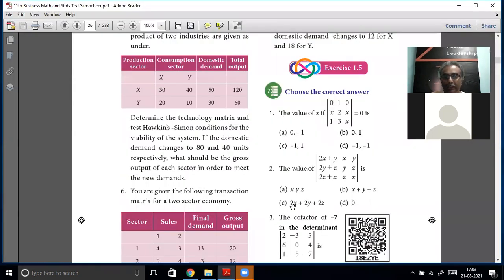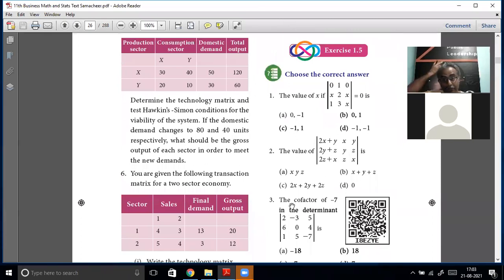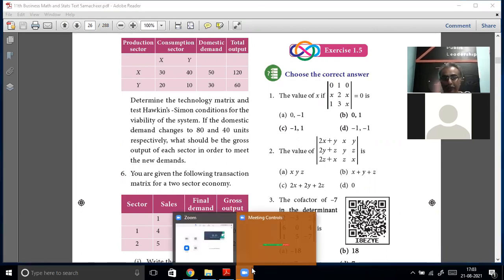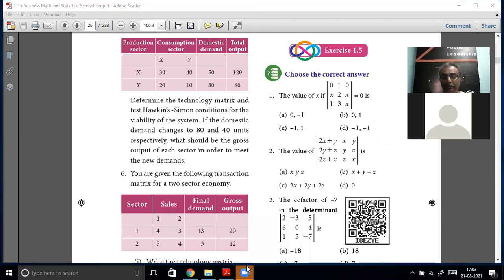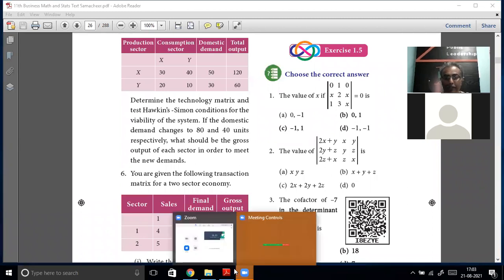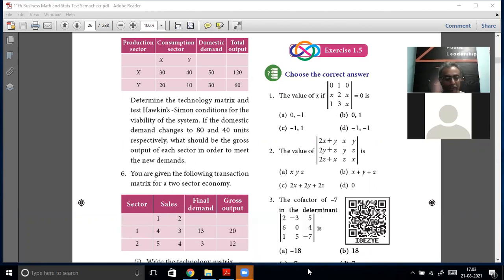With today we are finishing matrices and determinants. We'll finish the classwork today, and for homework you do another 5 or 6 sums. Then you finish it. Next week onwards, we will start the next topic.